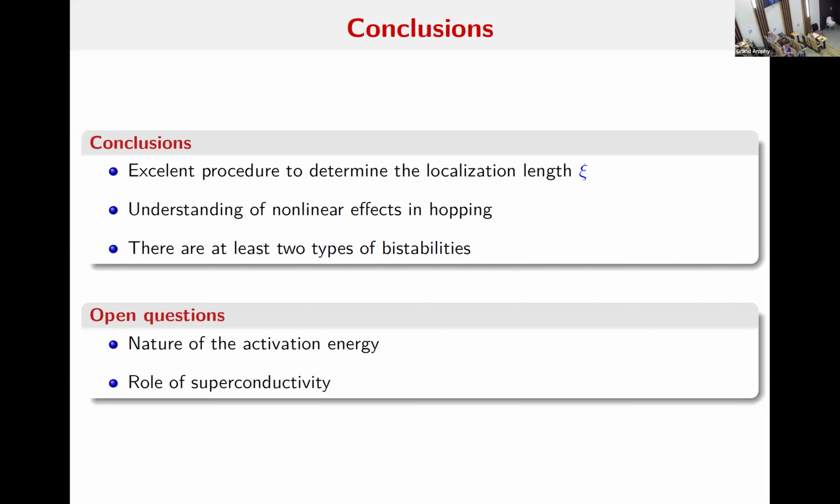But that's not in the model. No, exactly, this is not in the model. When you jump from one branch to the other, this depends on the speed at which you are scanning the voltage. So there are dynamic effects here, but they are not included there.